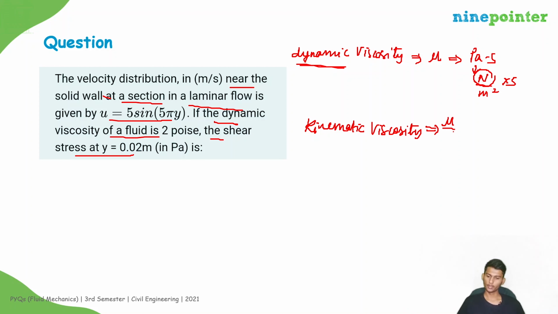That is given by mu by rho. If you observe the dimensions of kinematic viscosity, there will be no dynamic terms, because Pascal is Newton per meter square, and Newton means mass into acceleration. So we get meter square per second, this will be second divided by meter square into rho. Rho means density, and density means mass by volume.